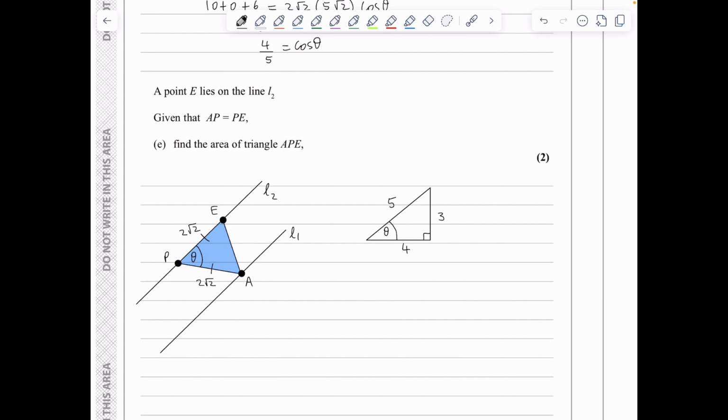So we're looking at sine theta being equal to 3 over 5, and therefore the area of the triangle APE would be a half times ab sin C. So it's a half times 2 root 2 times 2 root 2 times the sine of theta, which is 3 over 5, which gives an answer of 12 over 5 units squared for the area of the triangle.